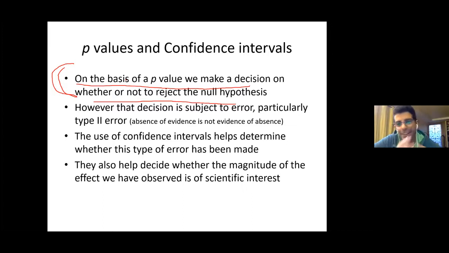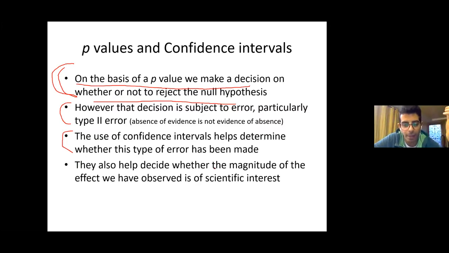We'll talk more about this in the next lecture, what the null hypothesis is and so forth. He tells you sometimes this is subject to error. This is again part of the second lecture. The use of confidence intervals helps determine whether this type of error has been made. This is all he's priming you up for the next lecture, so let's just ignore this for now.